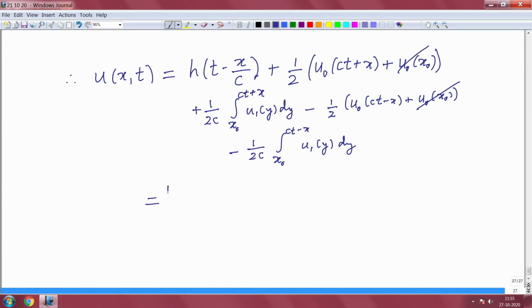So we get h of t minus x by c plus half u_0(ct + x). Now there is a minus here, so minus u_0(ct - x).